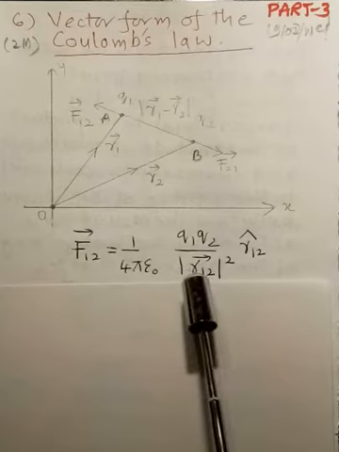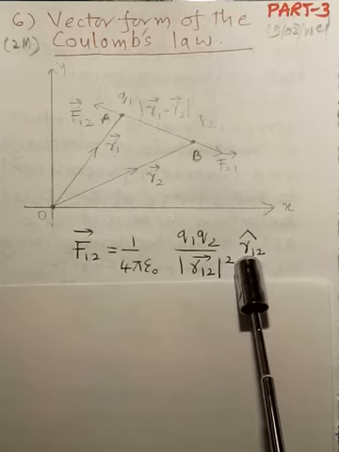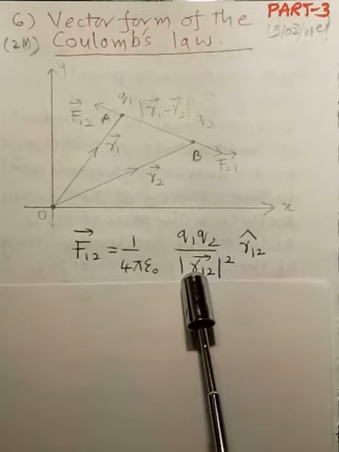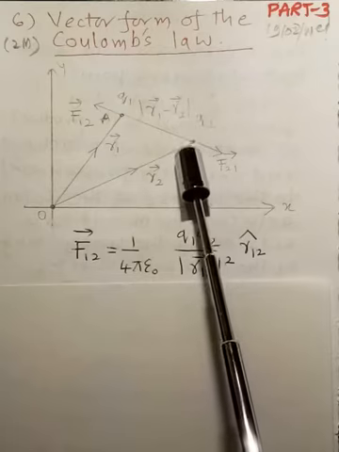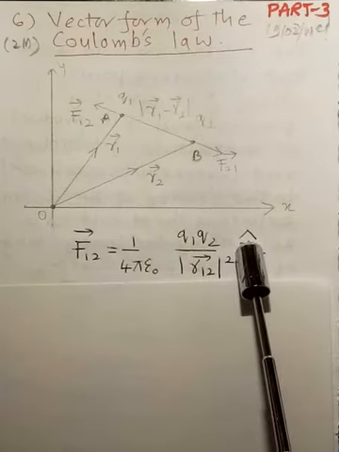This has come only to give the direction. The direction of the unit vector r12 is the same as the vector r12. Therefore, the direction of r12 is also from B to A, but its magnitude is only 1. Therefore, when this unit vector is multiplied, it gives the magnitude and the direction to F12.